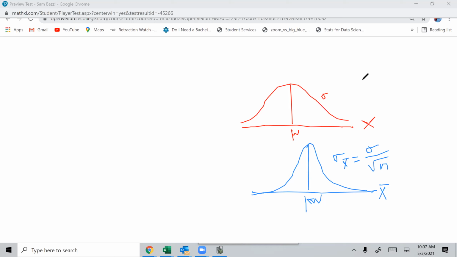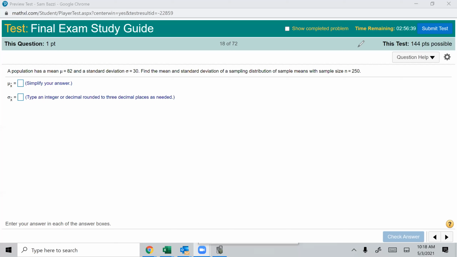So to answer this question, mu of X bar, always, guys, the mean of the sample means is the same as the original mean, but the standard deviation of the sample means will be the original standard deviation divided by square root of n.